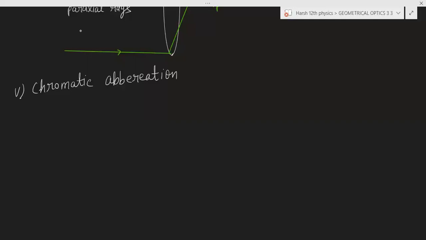This chromatic aberration is due to the different colors of light, and this happens only in lenses, not in mirrors.